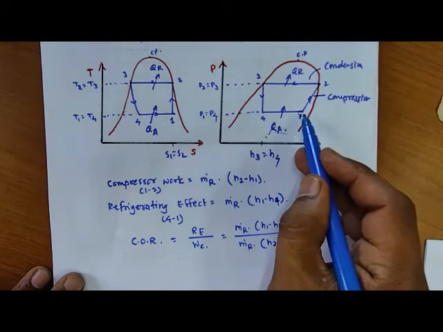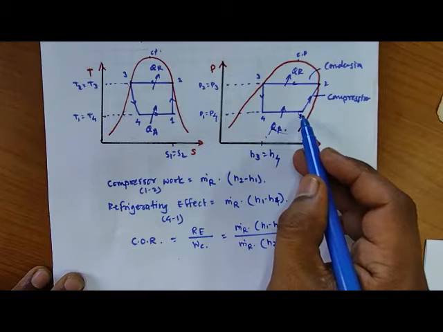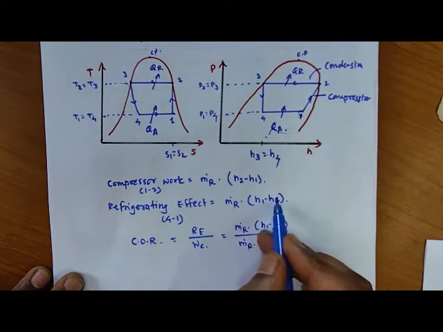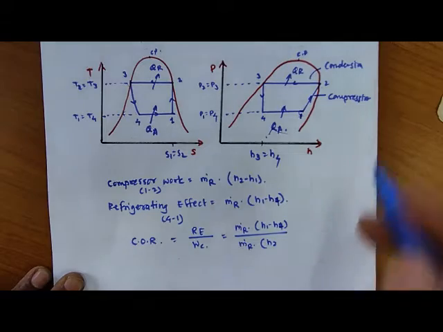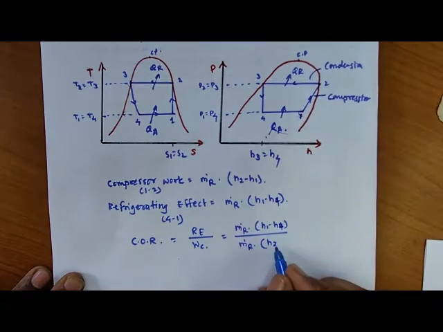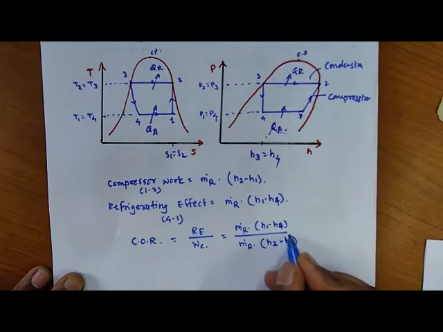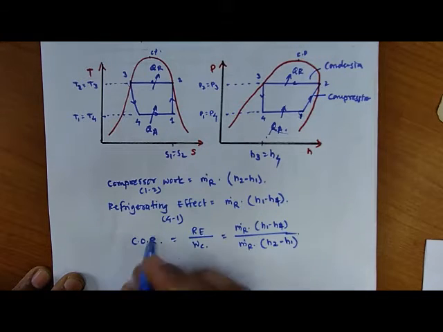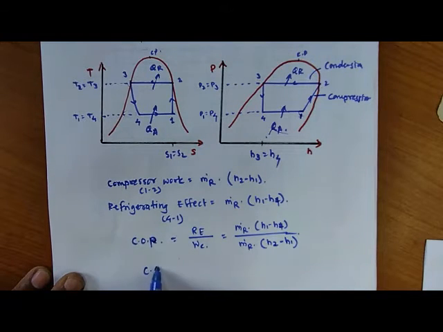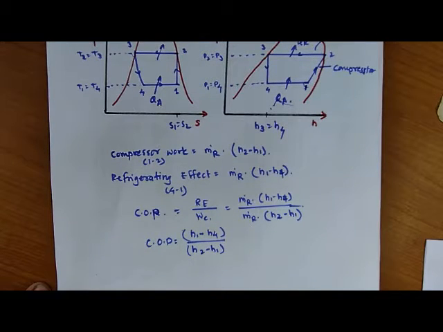So this is the refrigerating process 1 to 4, so H1 minus H4, and compressor is 1 to 2, so higher minus lower. So COP of the refrigerator is (H1 minus H4) divided by (H2 minus H1). Okay, so this is about the COP.